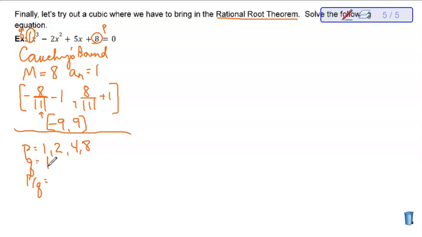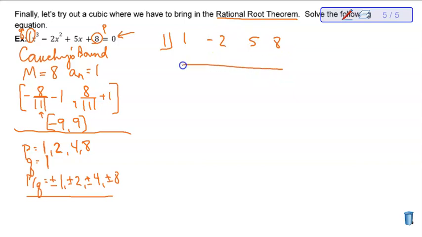So when I do all combinations of 1 over 1, 2 over 1, technically we just get the plus or minus version of all of those numbers as factors of p. So, again, when we have this, the next step to solve is to take one of these possibilities along with our synthetic division of each of these coefficients, so 1, minus 2, 5, and 8. Let's see if we get a remainder of 0, and then we can factor the rest.